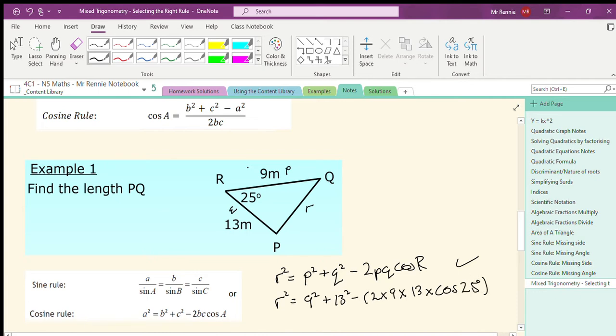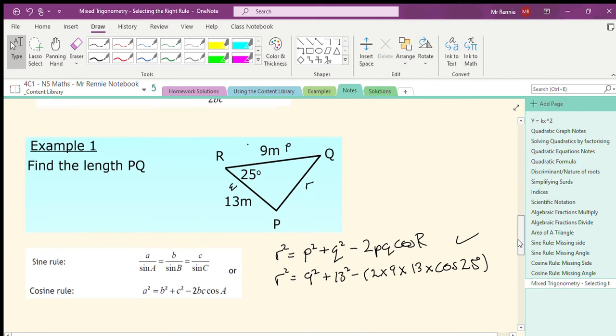Now you can see that I had all the numbers I needed in order to use the cosine rule. If I tried the sine rule, I wouldn't have had all the information. It wouldn't have given me the right opportunity to work out the length of PQ, which is r for us. Cosine rule works. I've managed to put my numbers in.